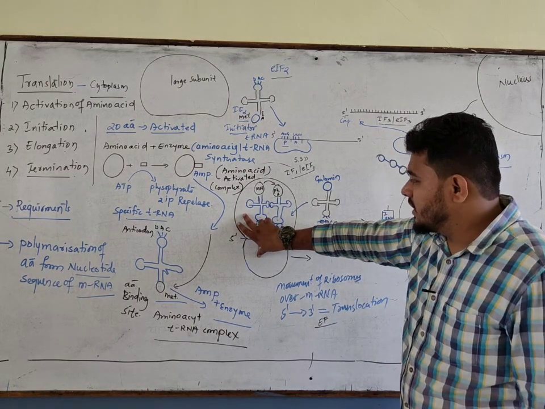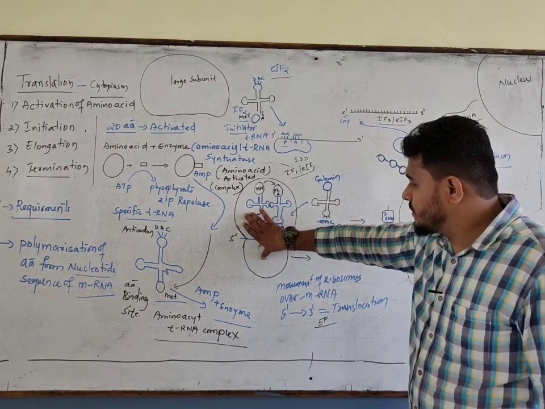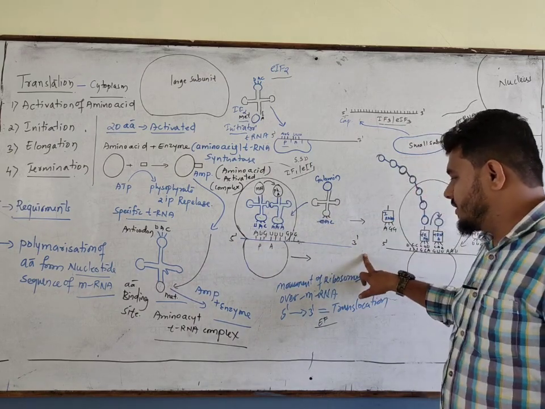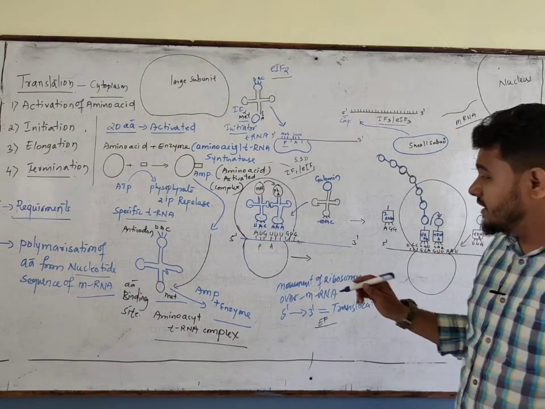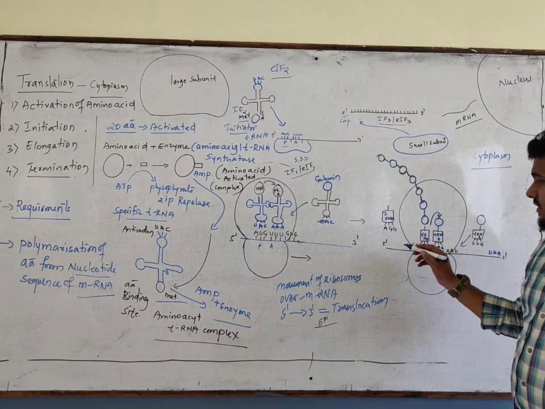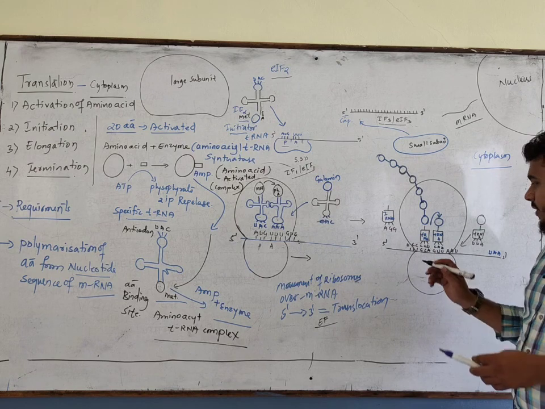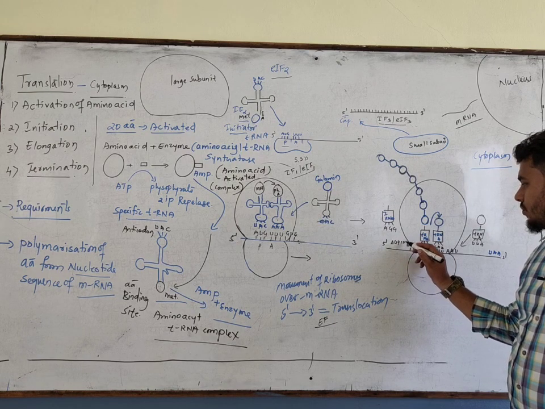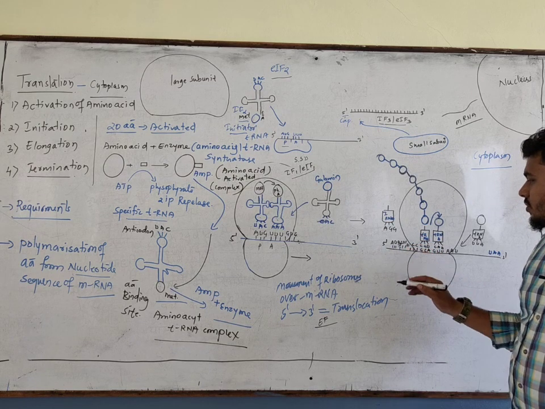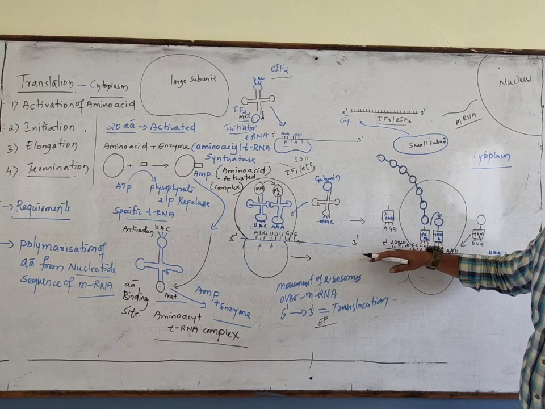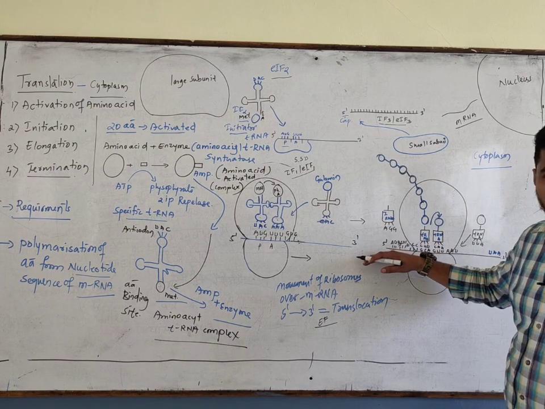So the entire ribosome will move over the mRNA from 5' to 3' direction. As a result, when they move, the codons which are present on the mRNA, like AUGUU, come out.